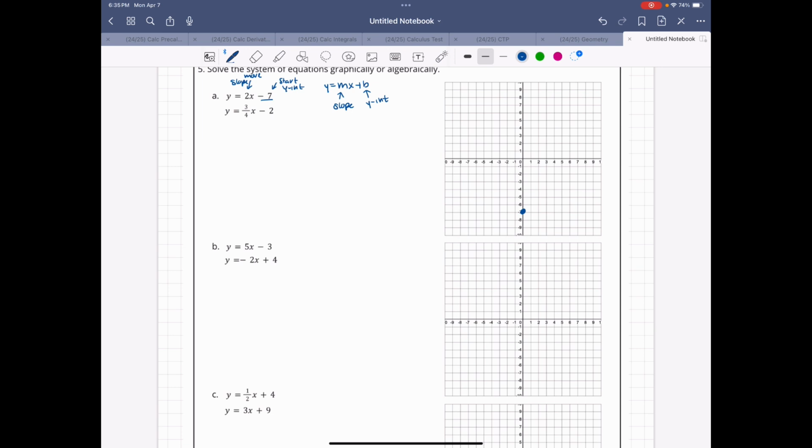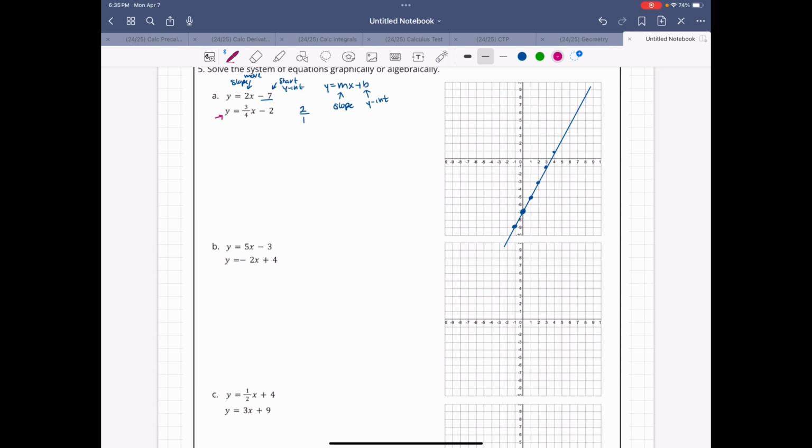So this 2 really is a slope of 2 over 1, which means I go up 2 over 1. Up 2 over 1. I can do this as many times as my heart desires. I can also go backwards, down 2, but to the left 1. And you're going to notice that we can draw a line through all of these points. So that's going to be graph 1, the top graph.